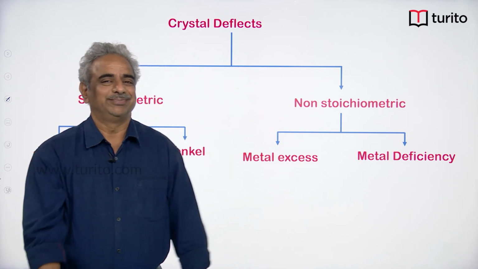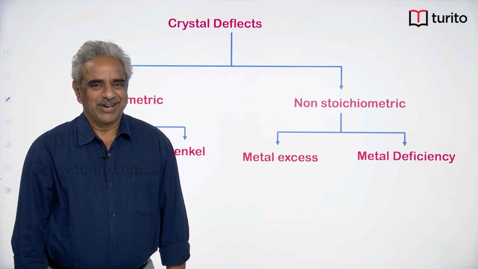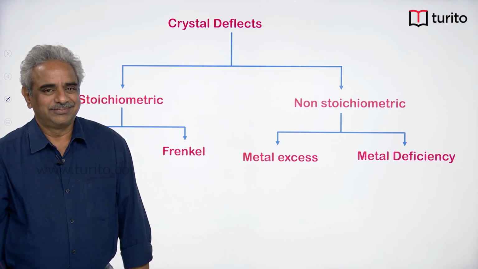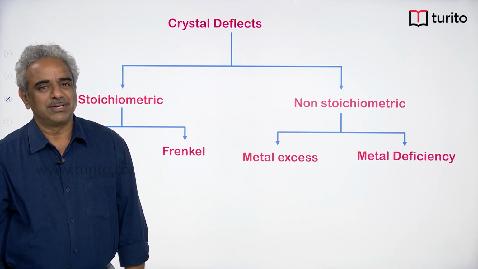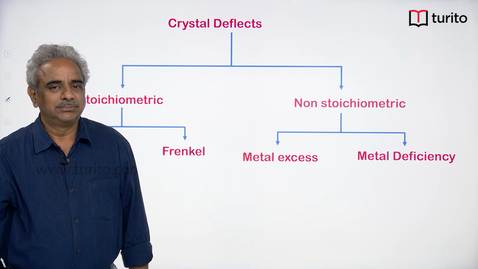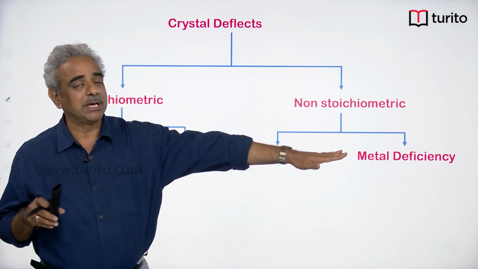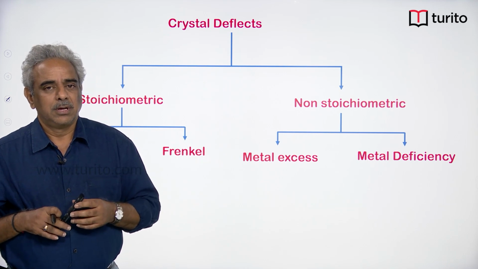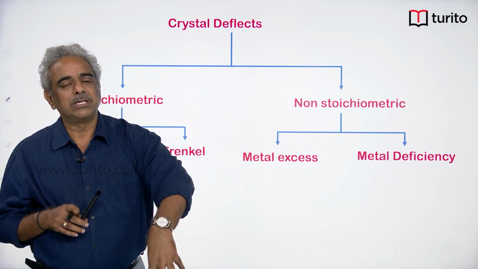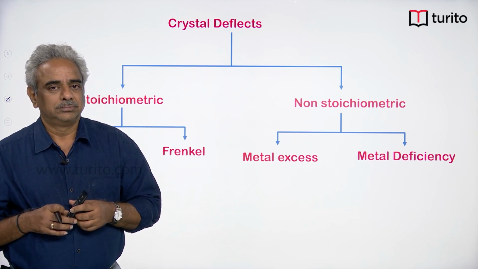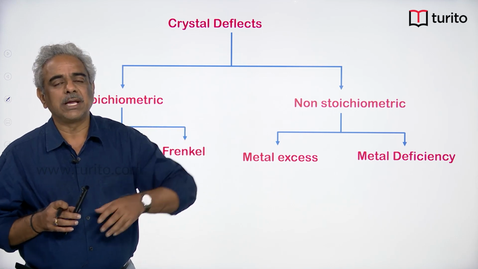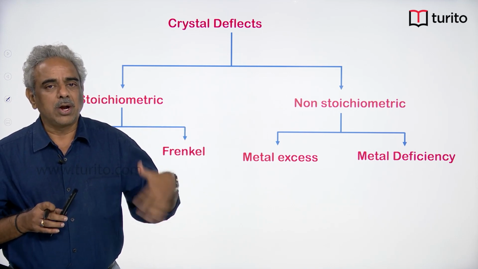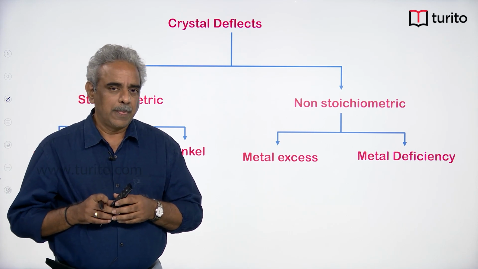Defects are natural. There will always be some defects when a crystal is formed. Some planes will be missing, sometimes some ions will be missing, in some places one ion will be dislocated, some line of ions may be missing. So, they are all called defective crystals.